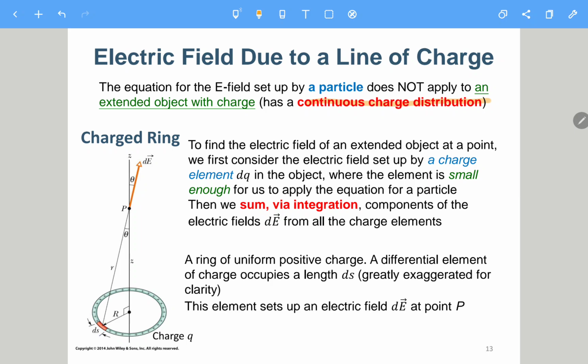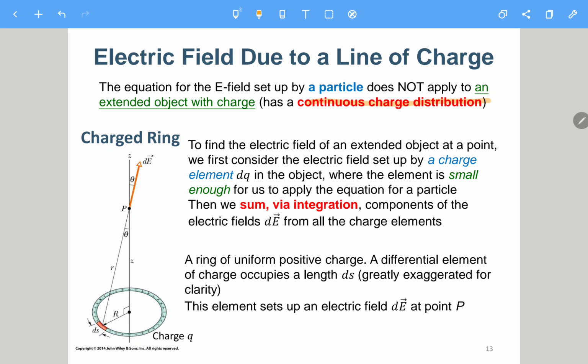But if it is a continuous charge distribution, then we cannot just add. Actually it is still adding, but we need to add an infinite number of terms. So it becomes an integration, from addition to integration. That's why we need to use calculus.